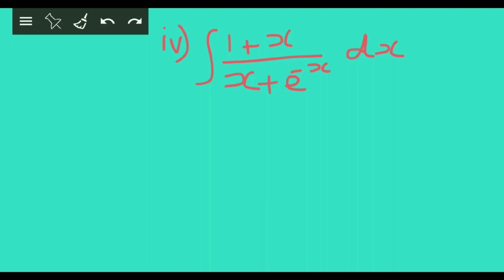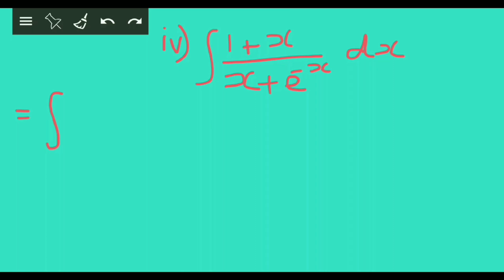The fourth sum is the integral of 1 plus x upon x plus e raised to minus x dx. Now in integration, as I have told you before, there is no formula for u upon v. So we have to simplify this somehow. So first of all, before substituting, let us see about simplifying a little bit further. Okay, for example, e raised to minus x.